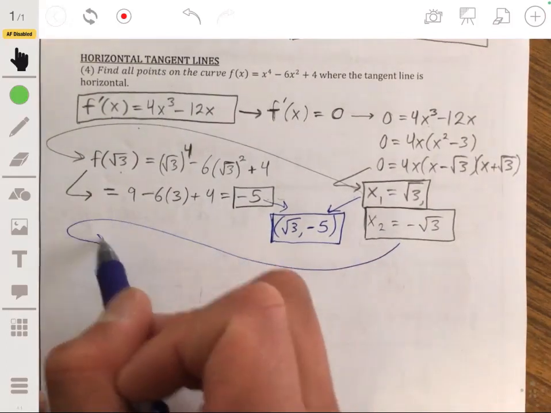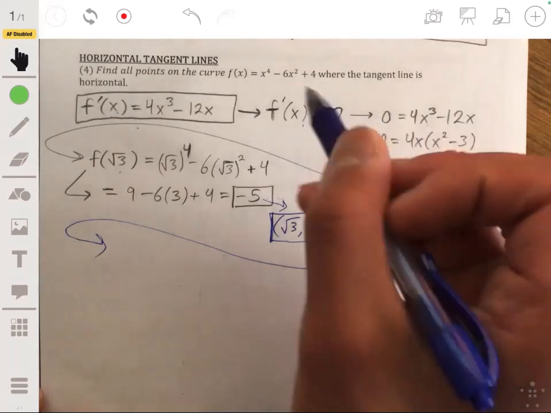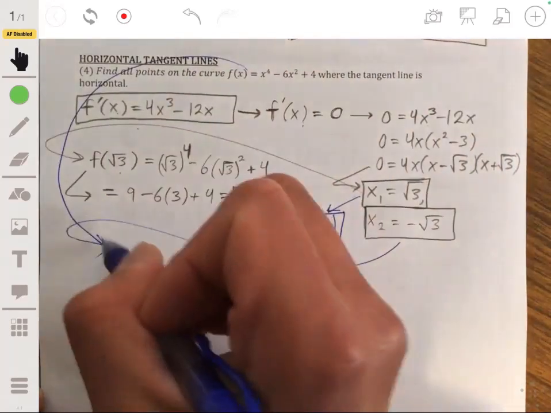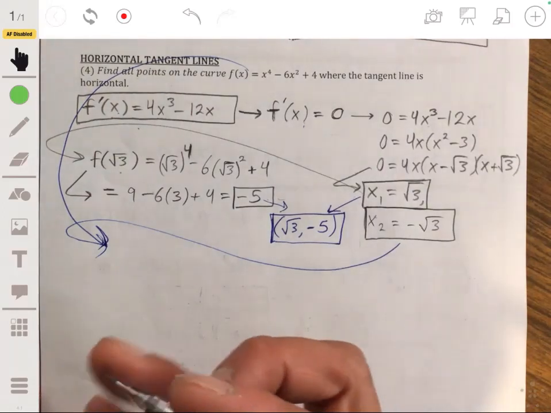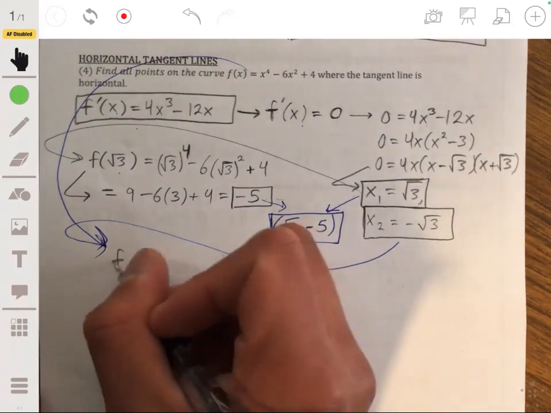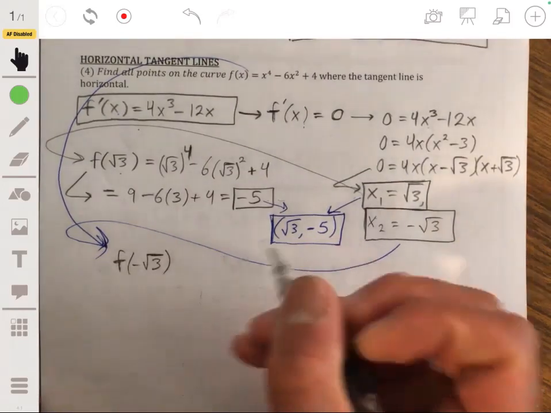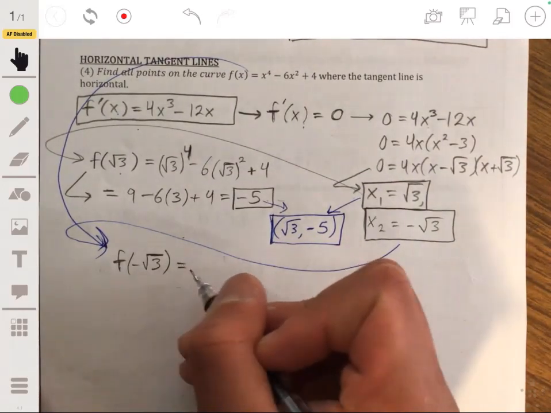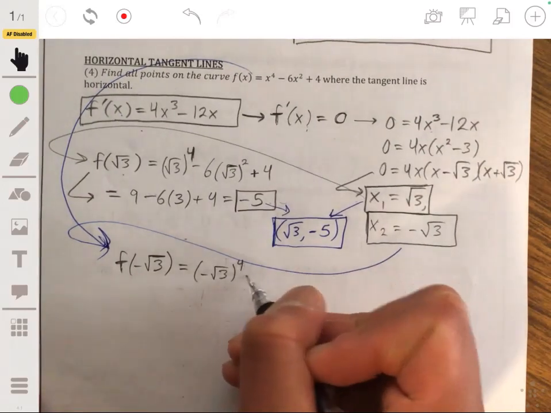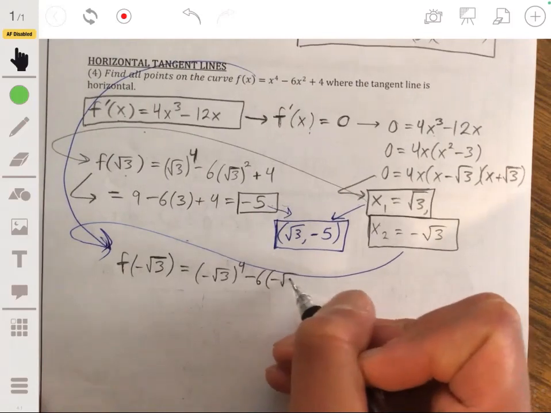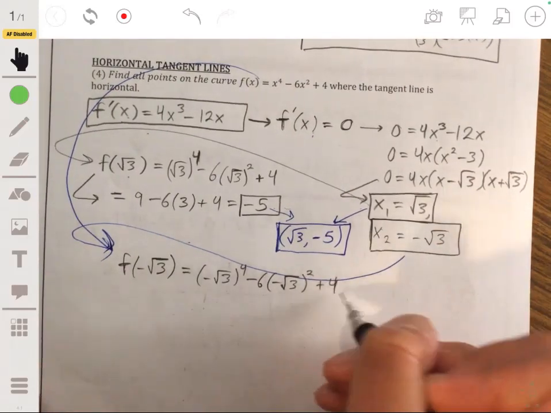Again, we're going to plug negative square root of 3 into the function. So f of the negative square root of 3 is equal to the negative square root of 3 to the fourth power, minus 6 times the negative square root of 3 squared, plus 4.